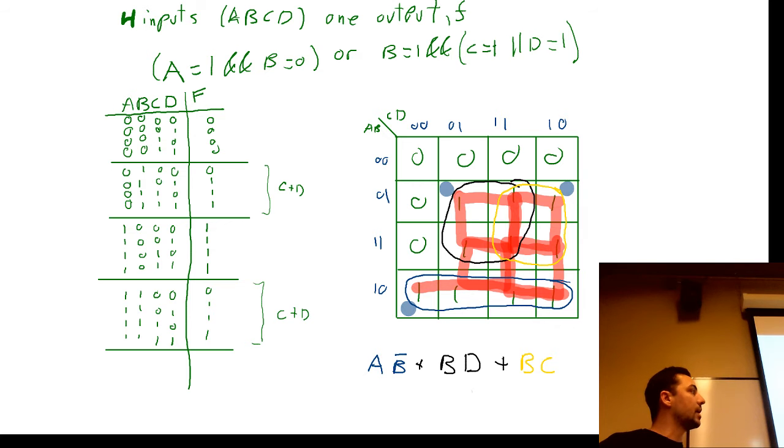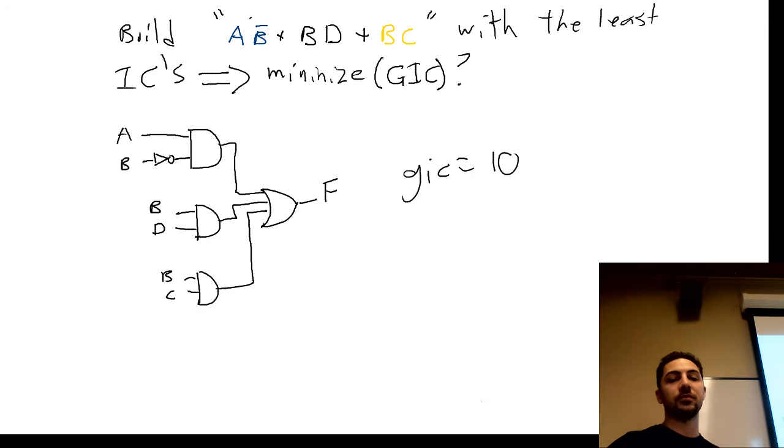So I built a truth table. Then I started simplifying. These are all my prime implicants in red. Those cells make essential prime implicants. You don't have to do that, but I did it so that you would see it. And I came up with an equation, F equals that. Now, the lab says you have to build it in the fewest number of chips.